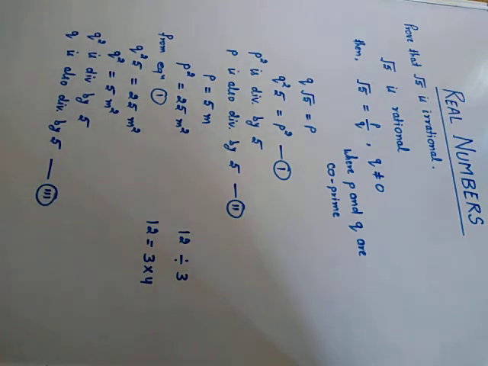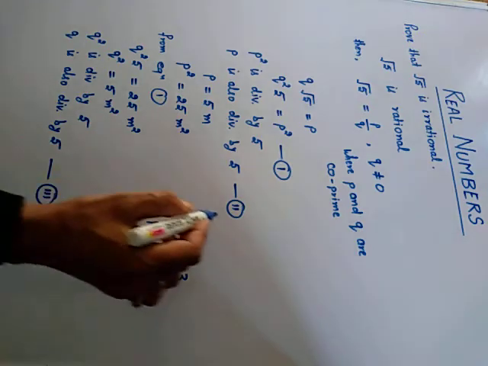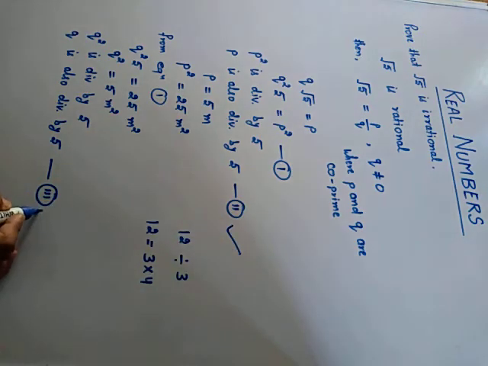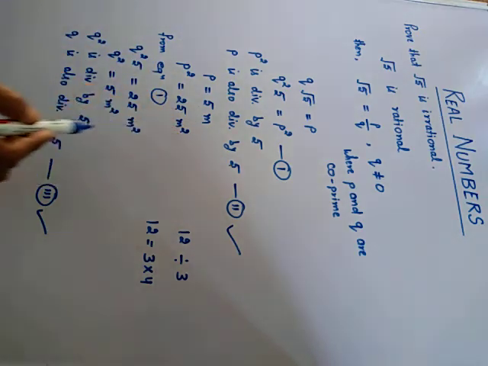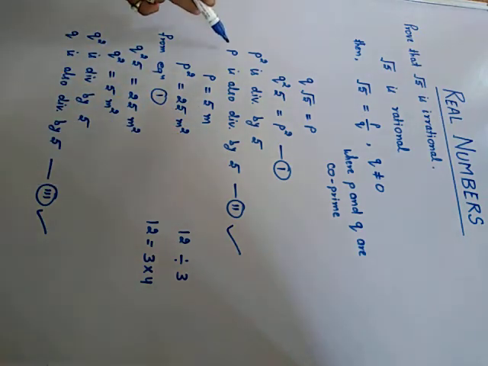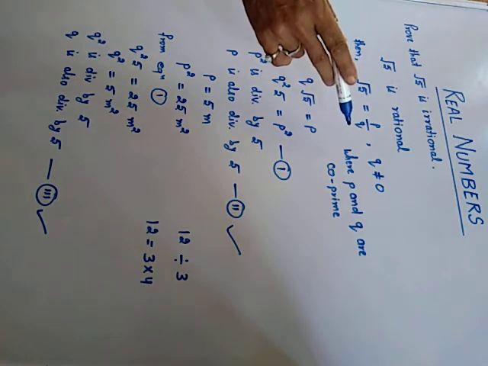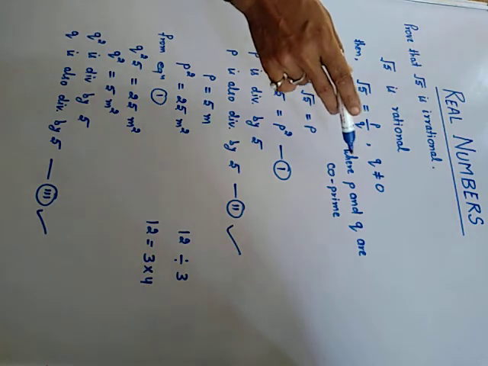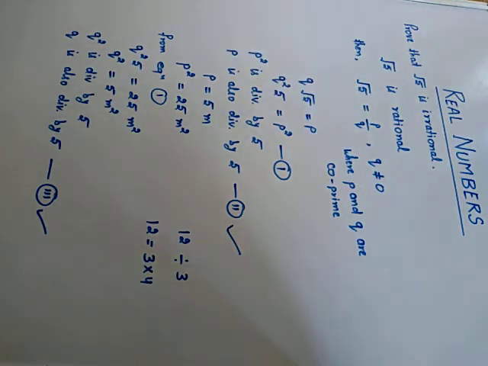Now from equation 2 and 3, you can see that 5 is a common factor of p and q. But in the beginning of this question, you have mentioned that p and q are co-prime. So there cannot be any common factor.